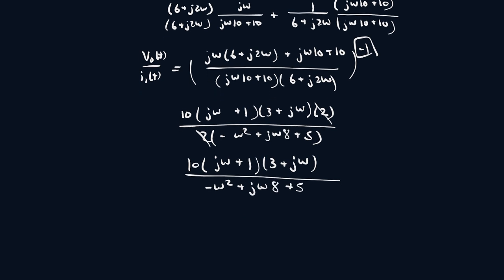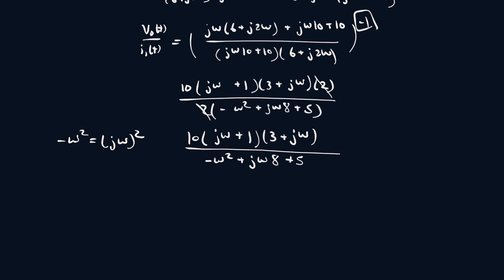Okay, now notice this minus w squared here. This is actually the same thing as the following, and we want it to be in this representation. Then we can have a nice quadratic to work with, because right now we can't really factor this because it is missing a j.